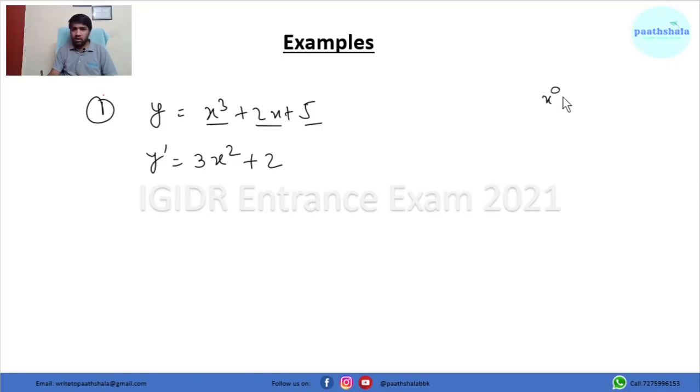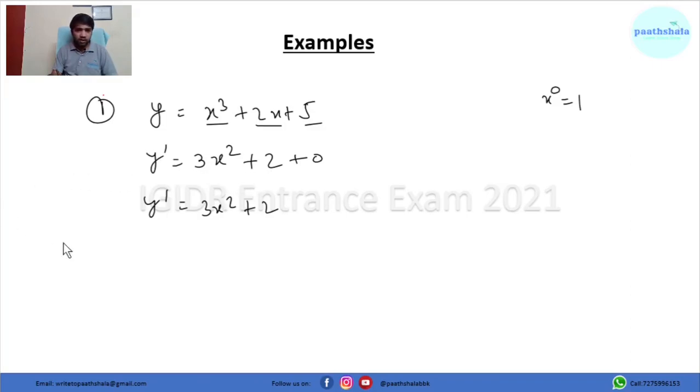So any term having a power 0 has a value 1. And the differentiation of a constant term is 0. So the final differentiation will become 3x square plus 2. This is based on the sum rule for differentiation.